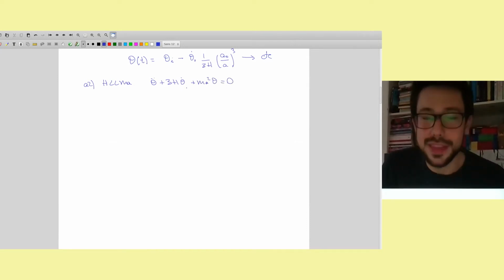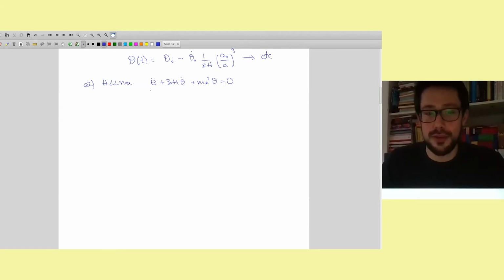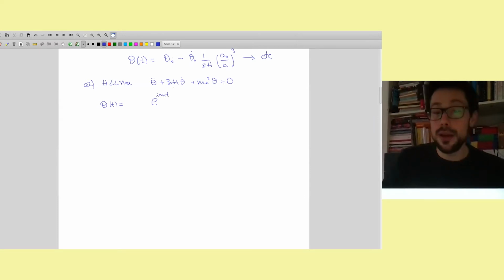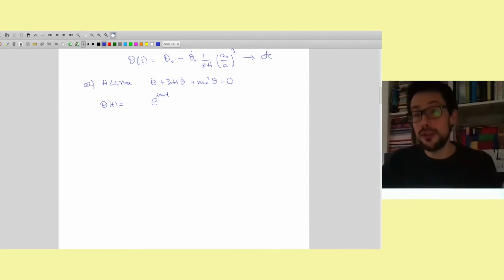If this term is really small, how is the solution going to be? If we completely neglect the friction, we have a pure harmonic oscillator, which we know how to solve with an oscillating function, an exponential with a frequency that equals the axion mass. However, we will have some friction, which will keep reducing the amplitude of the oscillations.